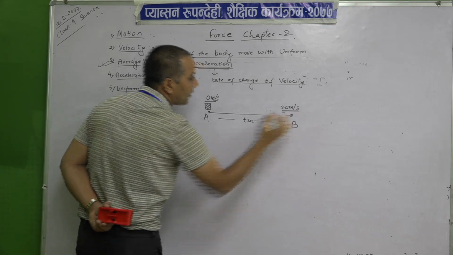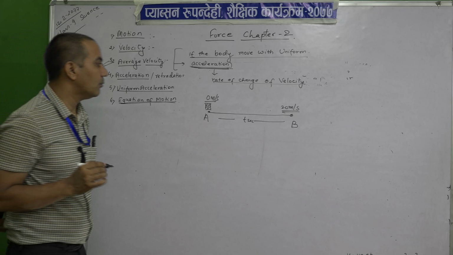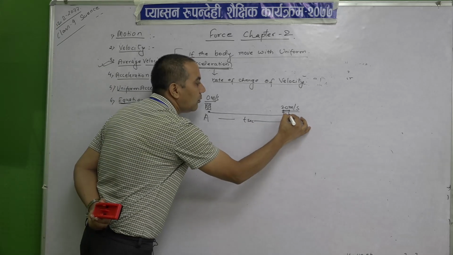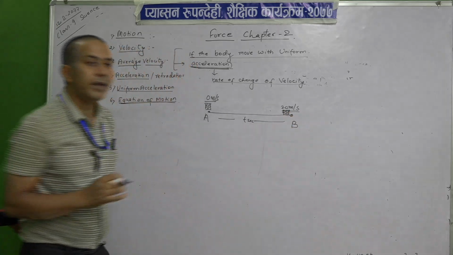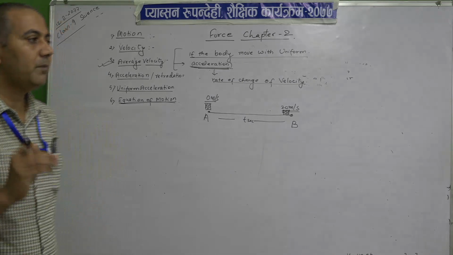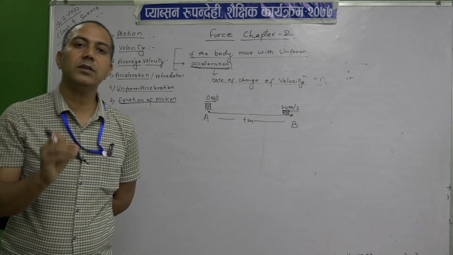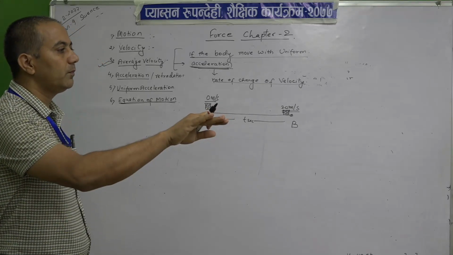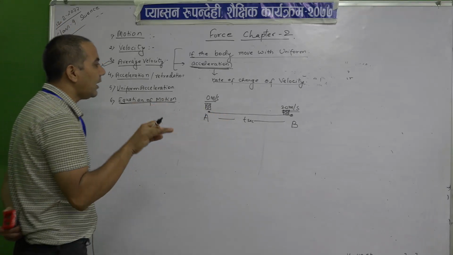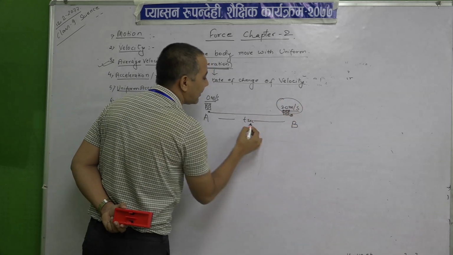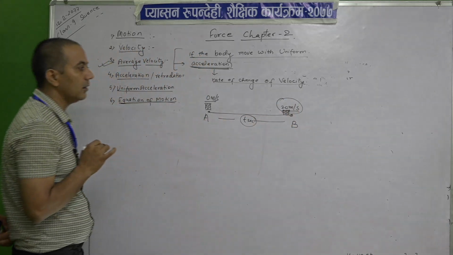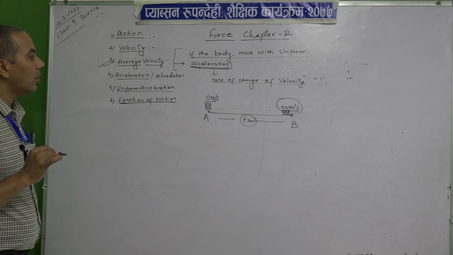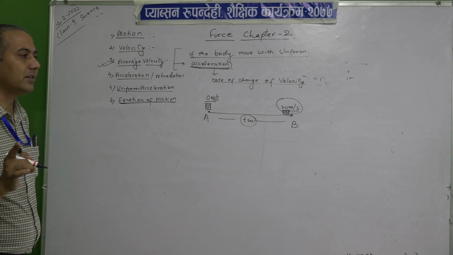Suppose an object or a vehicle moves from point A to point B. Previously at point A it was at rest, then it starts to move towards point B and attains 20 meter per second at time t seconds. Then what is the acceleration now?